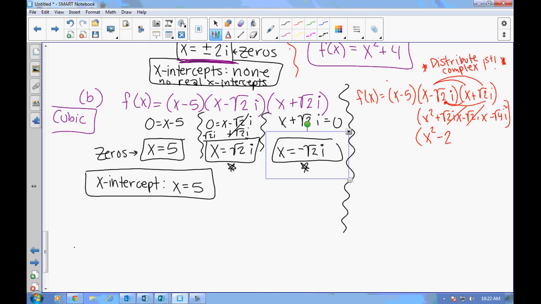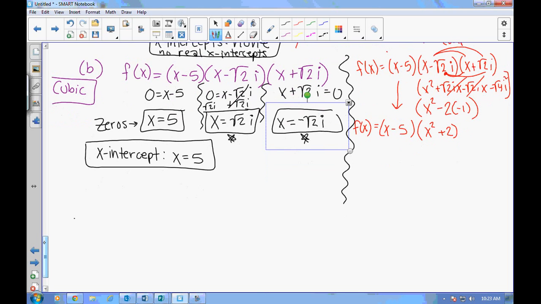So we have minus 2, and i squared is negative 1. So this becomes x squared plus 2 because negative 2 times negative 1 is plus 2. Don't forget, we had an x minus 5. If you do the conjugate first, it won't be so bad because those middle terms will cancel out. Don't forget to change your i squared to a negative 1.